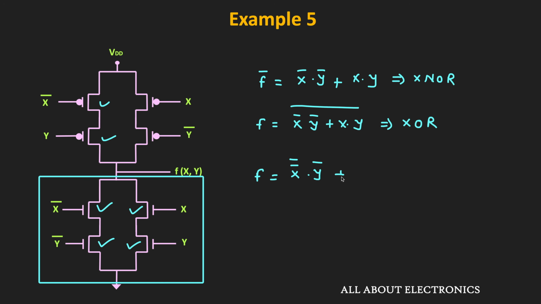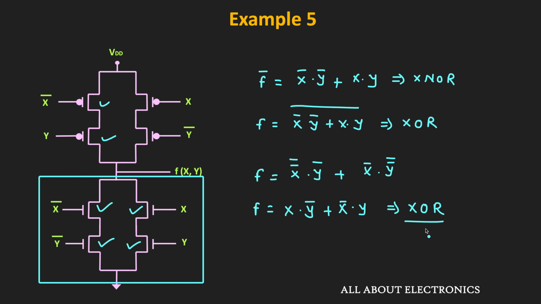Or alternatively, whenever this X is equal to 0 and this Y bar is equal to 0. Or here we can write it as this X bar dot Y. That means from the PMOS network, this F is equal to this X dot Y bar plus X bar dot Y. And that is nothing but the XOR function.